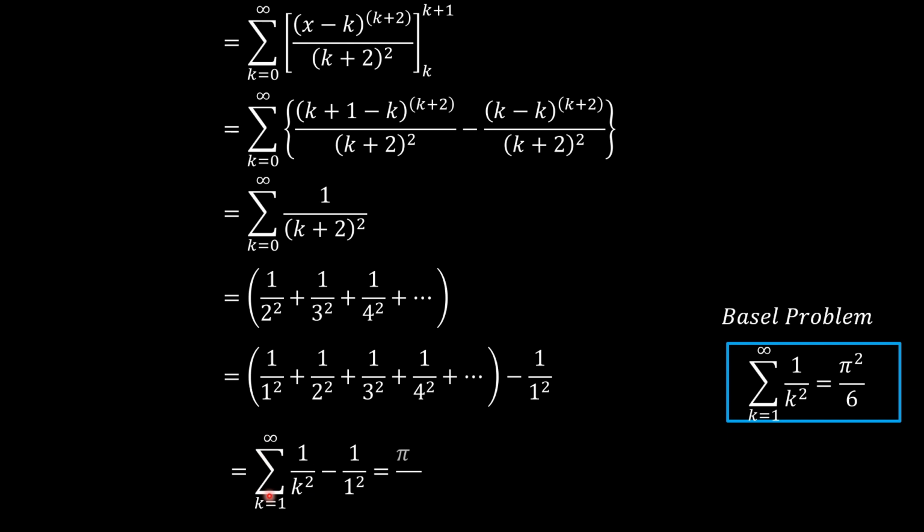So re-expressing things here, we have pi squared over 6 minus 1 as our answer. So our integral of the fractional part of x raised to the ceiling of x over 1 plus the ceiling of x from x equals 0 to infinity is pi squared over 6 minus 1. And that is the answer that was expected.